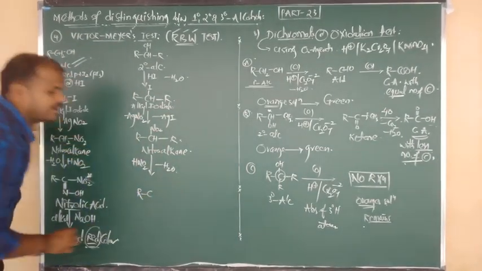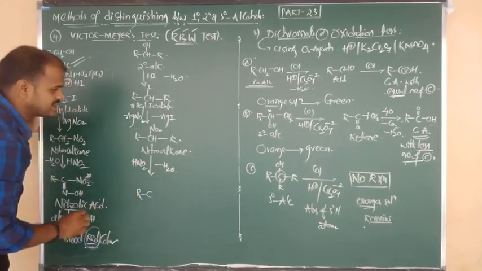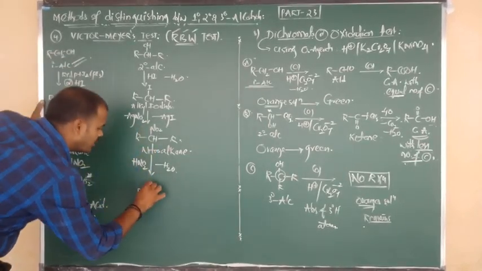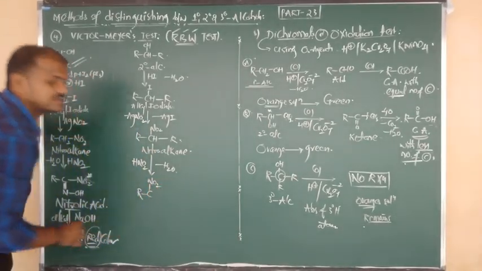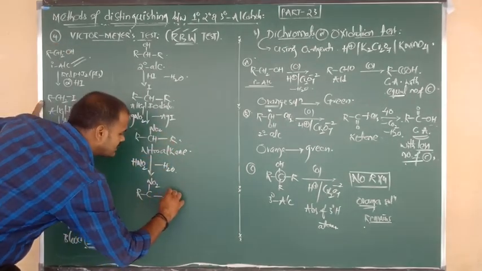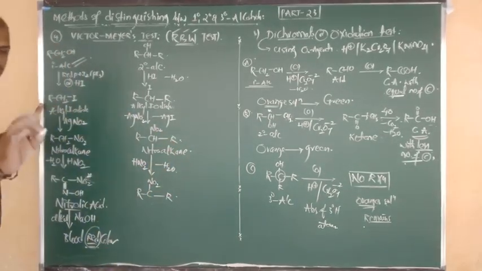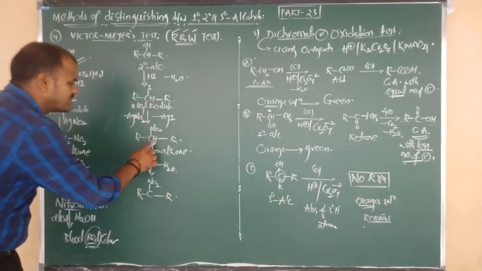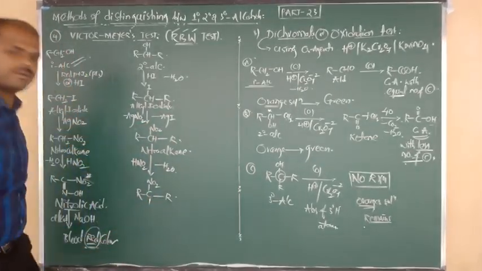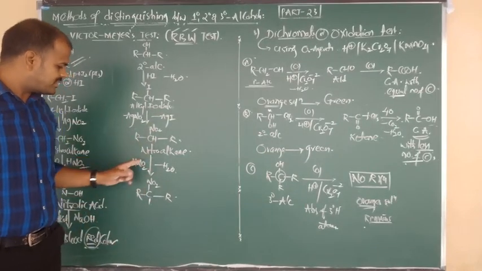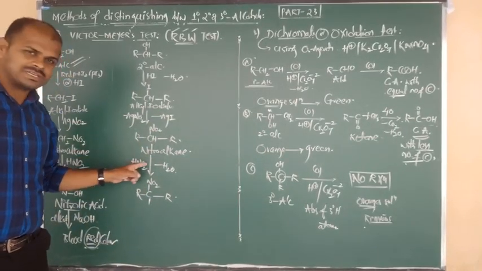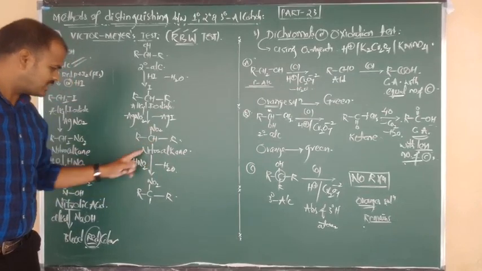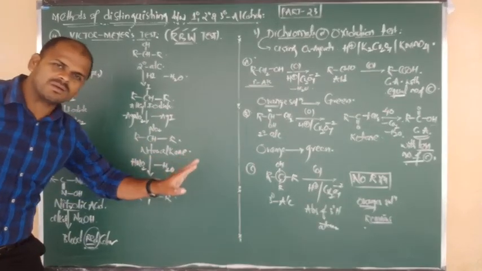R bonded to C, R bonded to C, C with NO2. I am writing as it is, and on the right side R, also as it is. Now listen carefully. From the central C remove one hydrogen. After removal of one hydrogen, that hydrogen combines with another hydrogen and oxygen from nitrous acid, and is removed in the form of H2O.